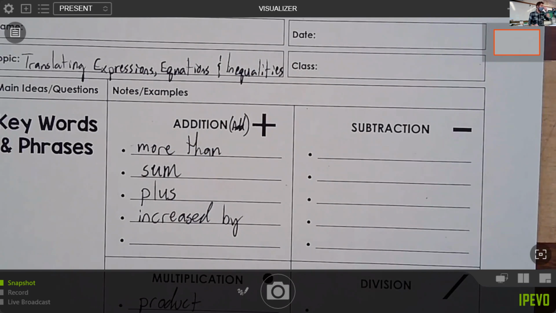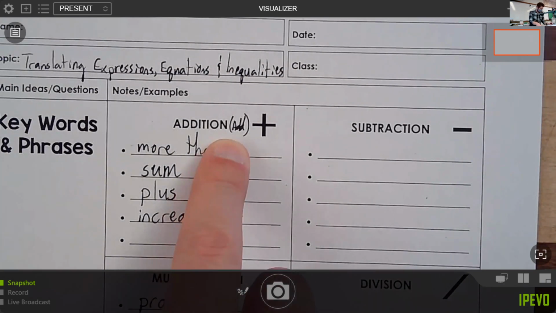No, it is not part of our notes. It might be on our assignment, but it is not part of the notes. Let me see if I can find it in the assignment. We went with add up here, add or adding or addition, yeah.